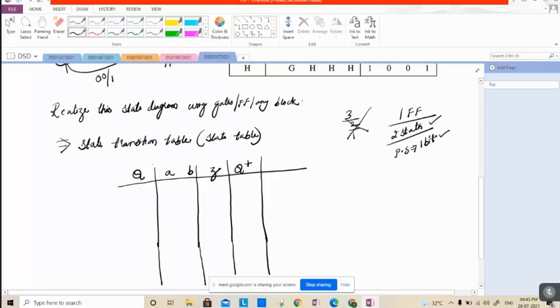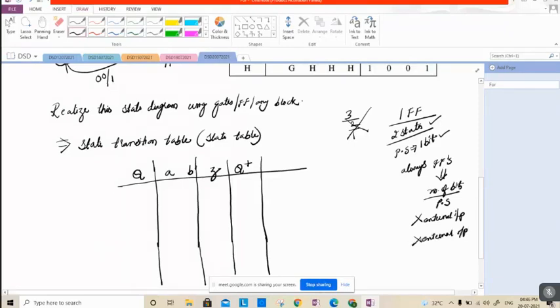With respect to the present state, we'll be considering the flip-flops. The number of flip-flops will always be based upon the number of bits present in the present state, and we won't consider the number of external inputs or external outputs.